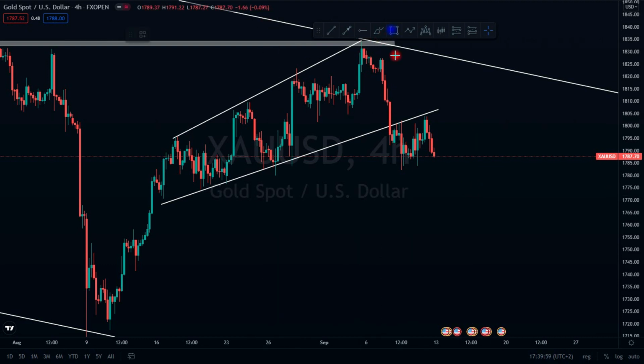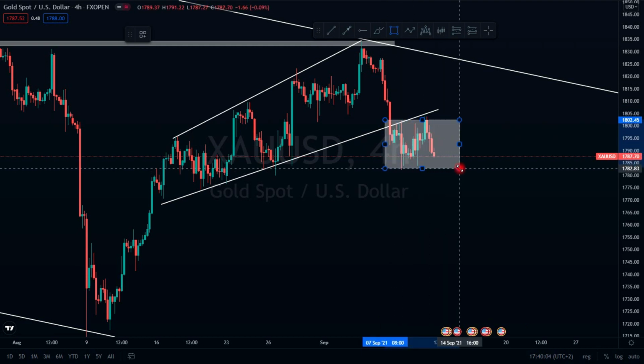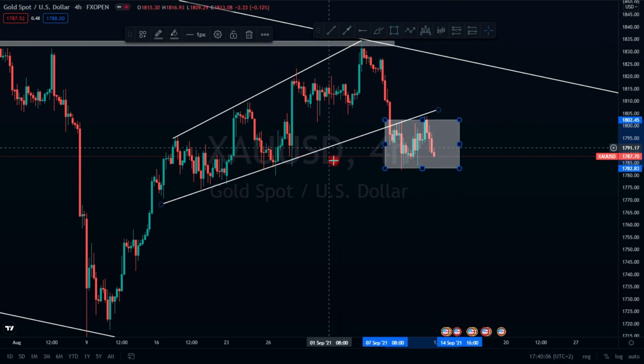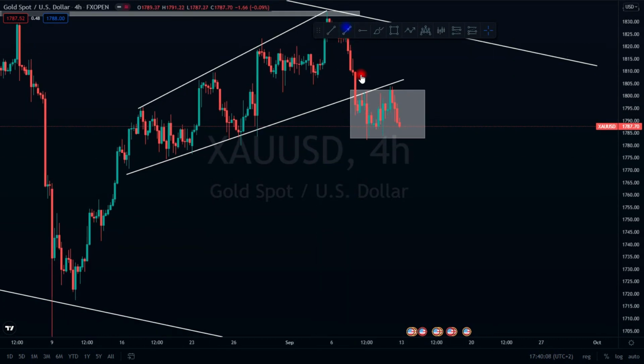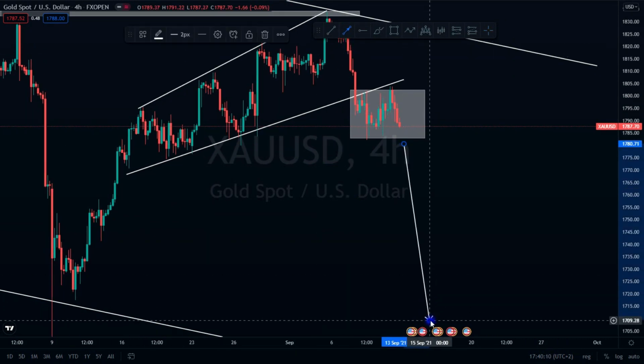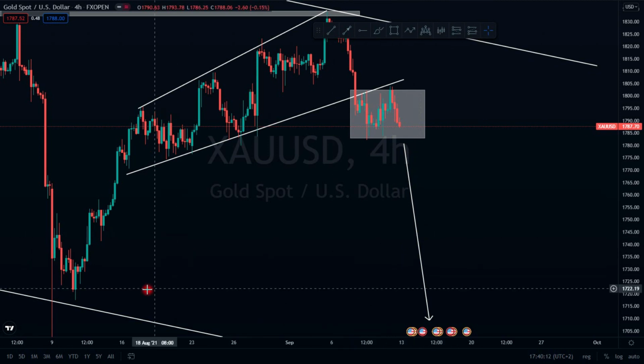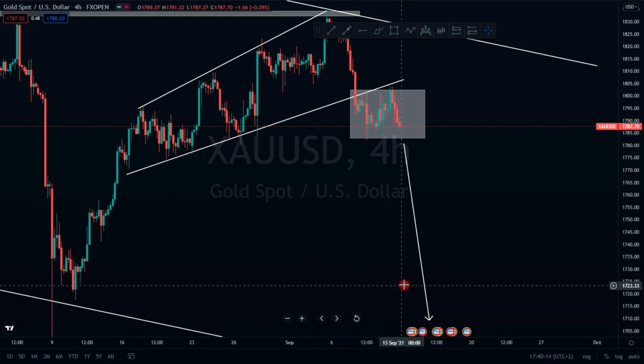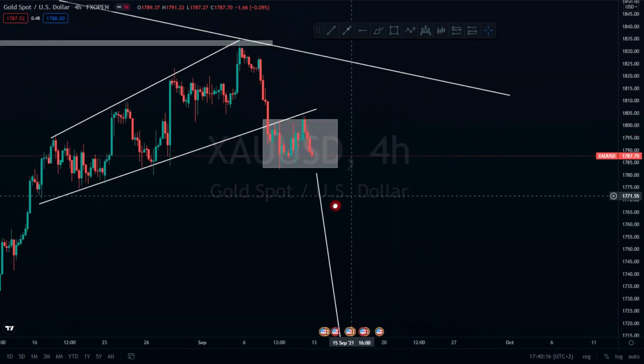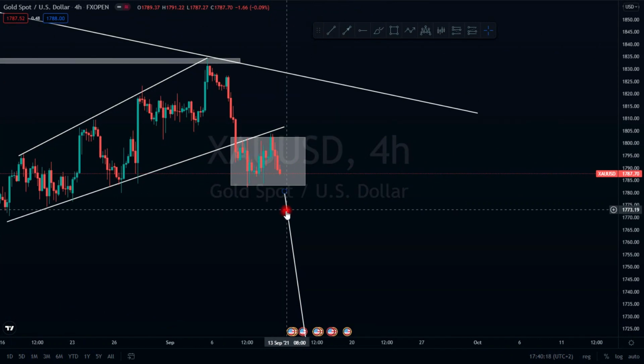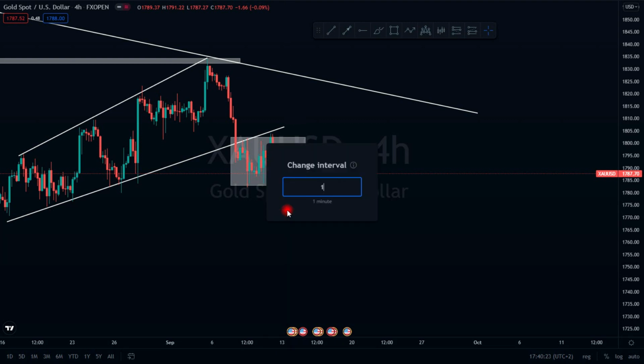But on a very long term one, I'm seeing this type of move. We see gold is playing right here, and once that is done, then we can expect the market to shoot from here down to somewhere around these areas right there. And once it gets to this area, it will continue going up for that move we spotted on a daily time frame. Let us switch to a smaller time frame.